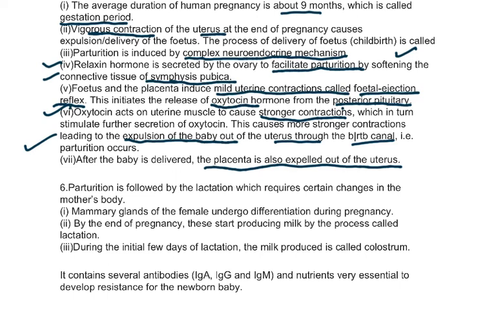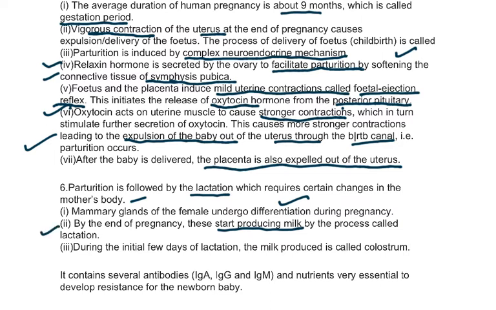Now, in the mother, the next process after parturition is lactation, that is the let down of the milk, which is done by the prolactin hormone, which differentiates the mammary glands, and they start producing milk. This process is called lactation.